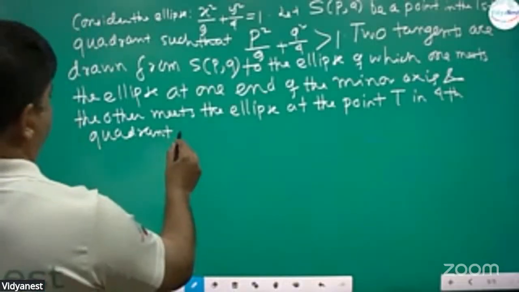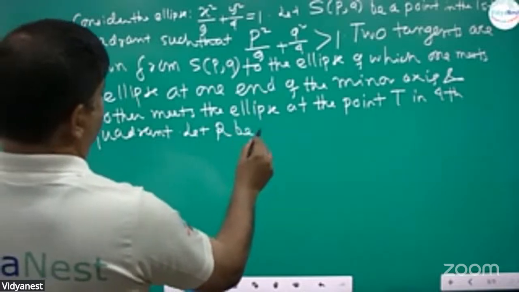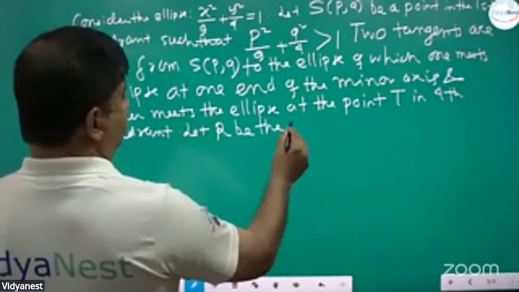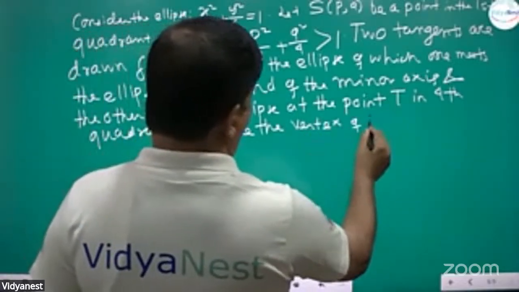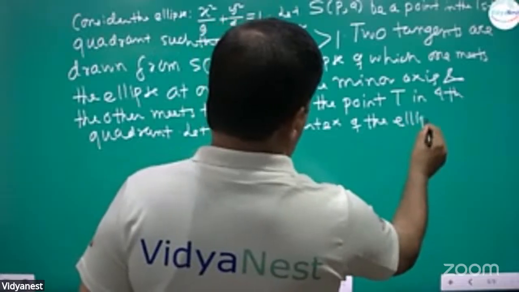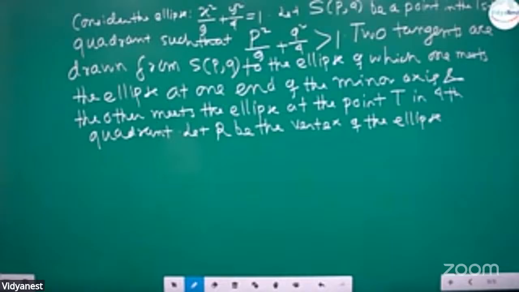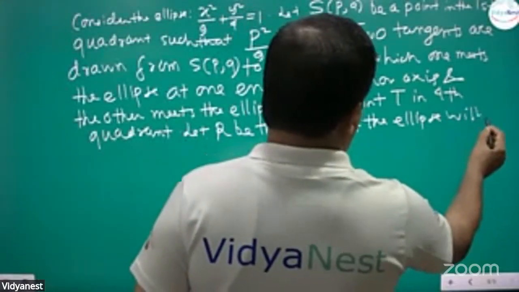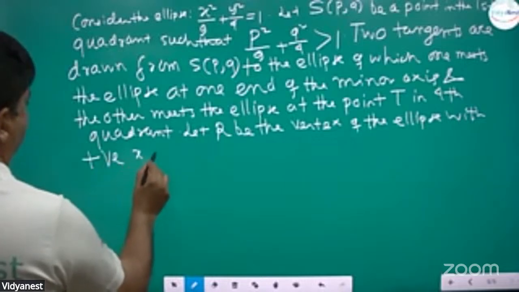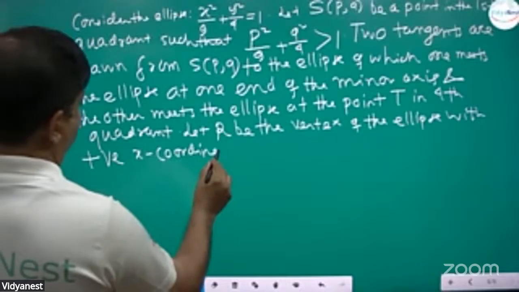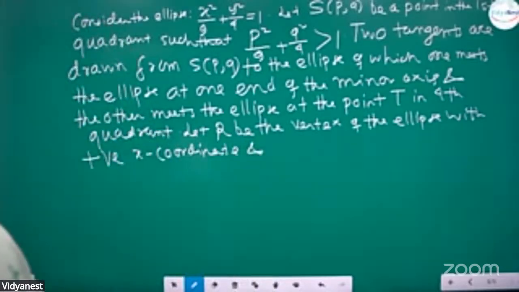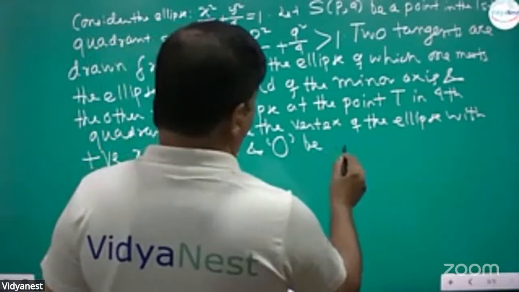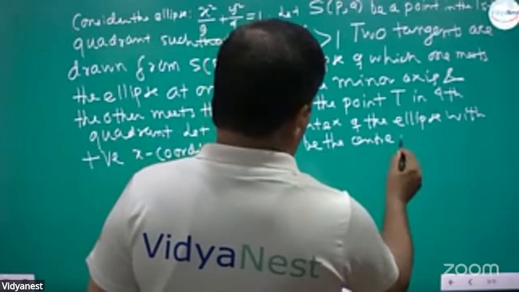Let R be the vertex of the ellipse with positive x coordinate, and O be the center of the ellipse.